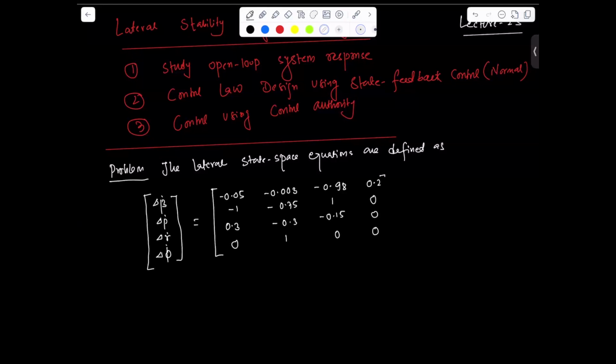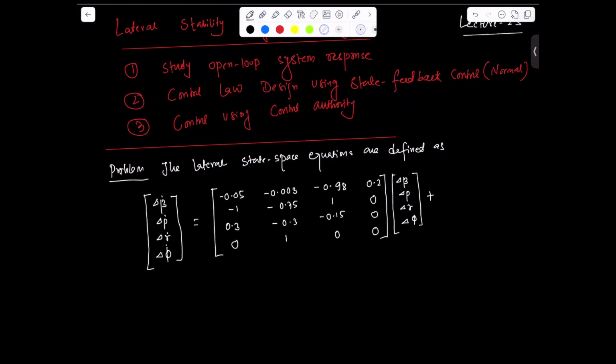So this matrix varies for the different flight regimes and for different aircraft. So this can be for the particular aircraft, delta beta, delta p, delta r, and delta phi.